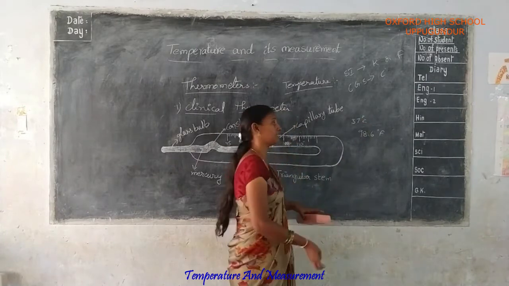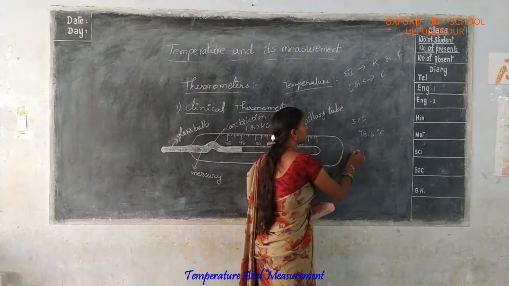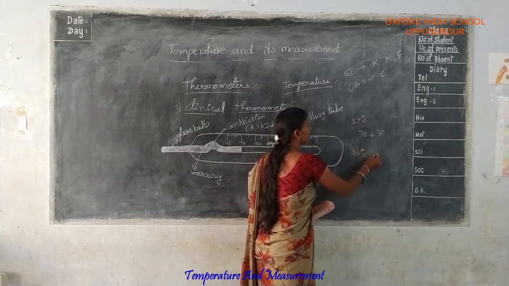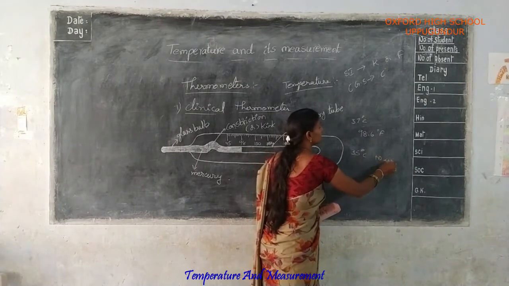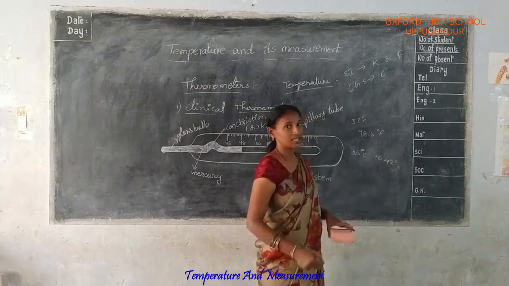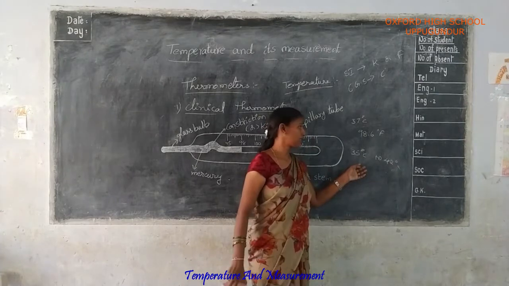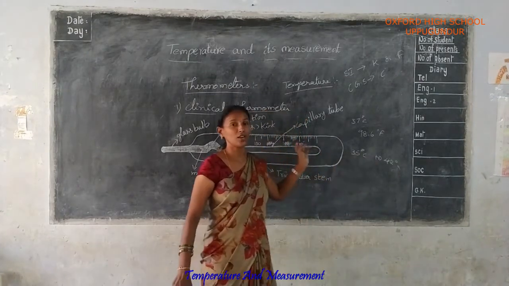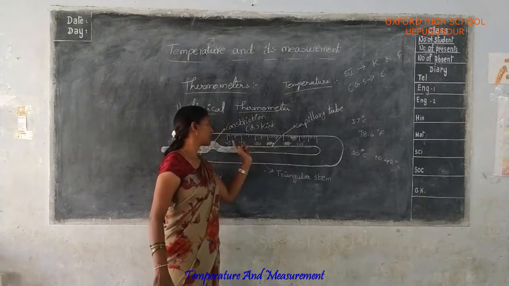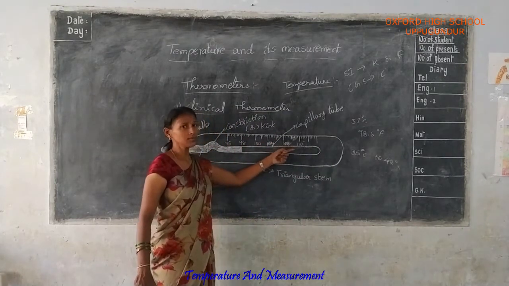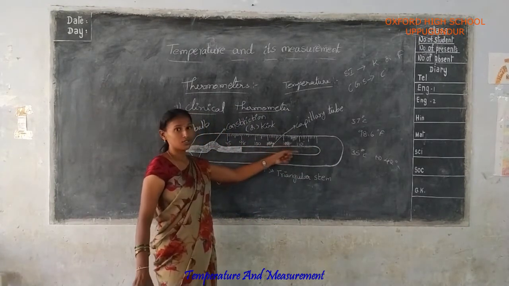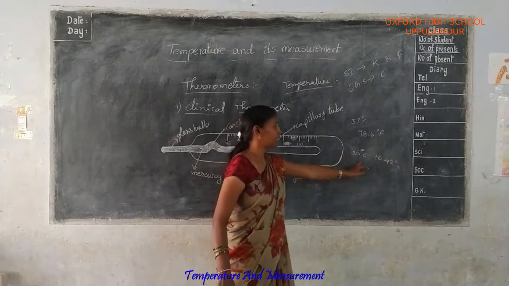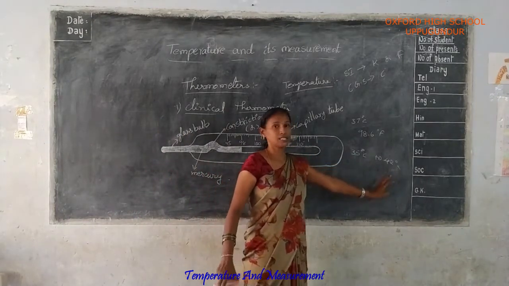That's why the scale is 35 to 42 degrees Celsius only.